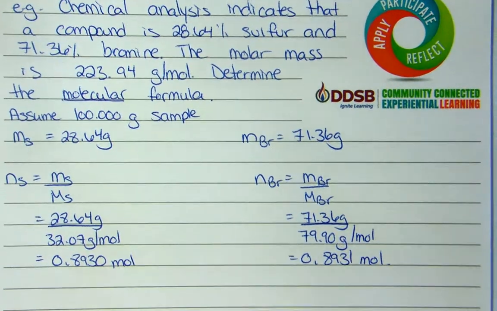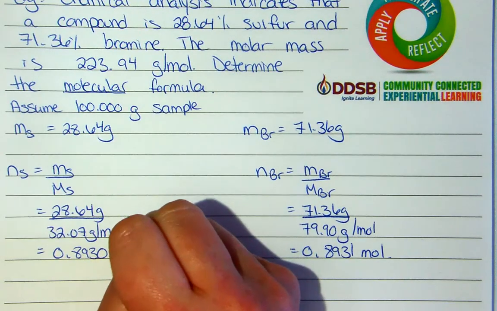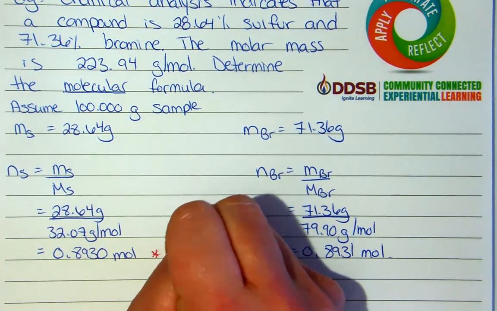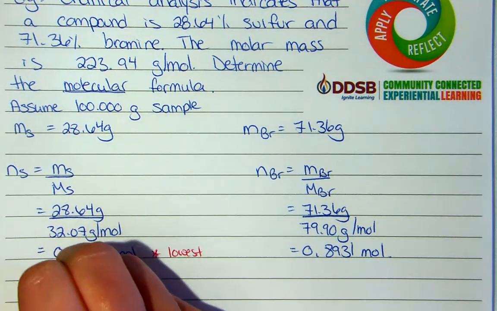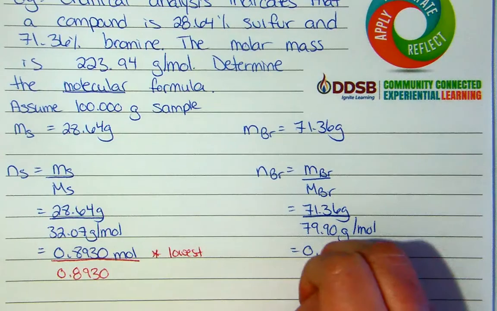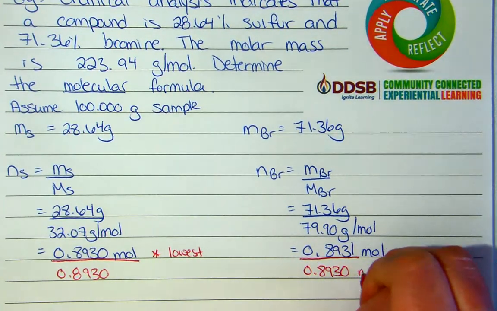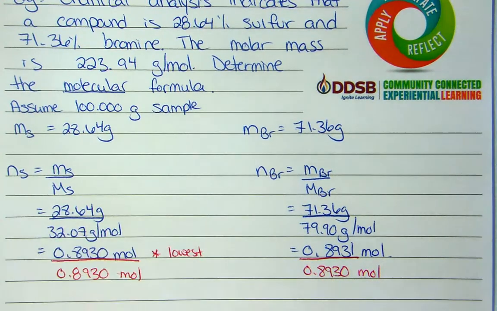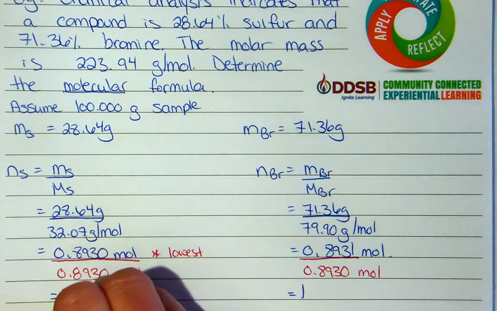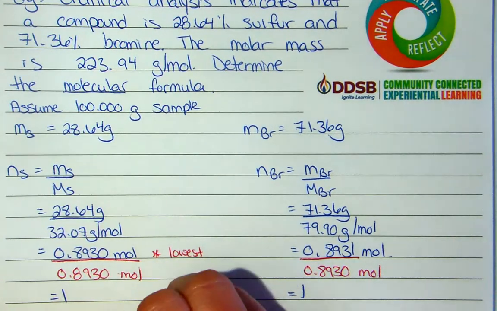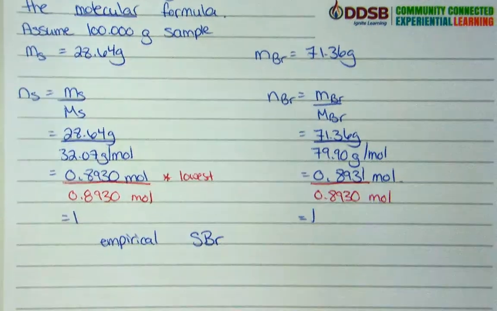Which one are we going to divide by? They are almost identical, but by a 1/10,000th margin. Sulfur has the lowest amount of moles. So I'll divide both of them by that, 0.8930. And that gives me a ratio of 1:1. So our empirical formula is SBr, 1:1.